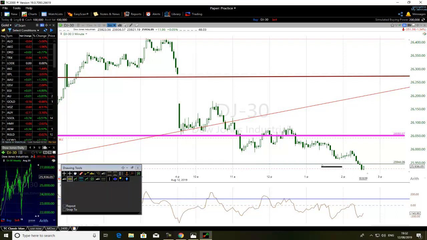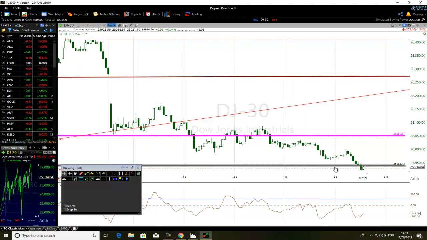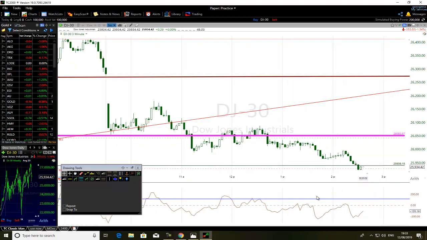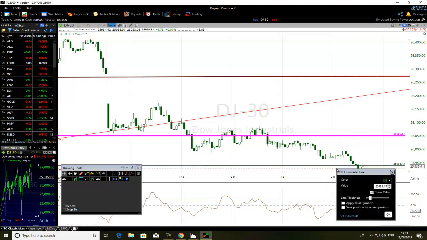I want to buy the Dow Jones right now, and hold on please, I want to put it a little bit there at 25938. All right, that's my limit order there, 25938. Willing to buy the Dow Jones.